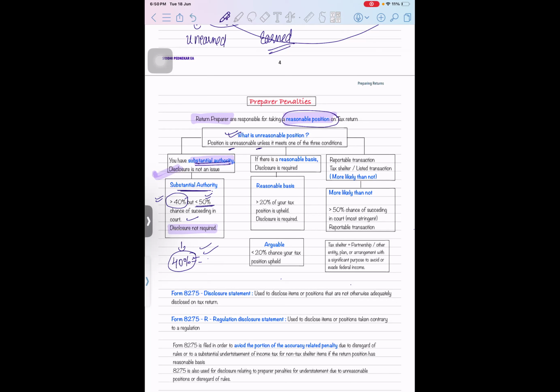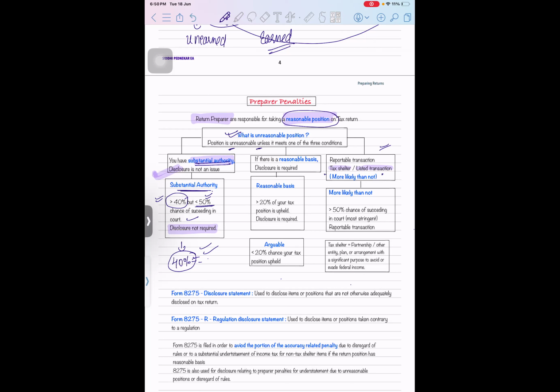Now the second condition. I'll take the last one first. It says that if it's a reportable transaction, or a tax shelter, or a listed transaction, that is the terminology you will see in all the materials. Whether it's any XYZ material, they have just copy pasted the publication language. You will see this phrase everywhere: more likely than not.